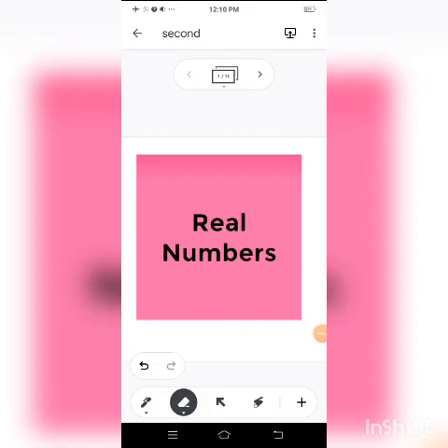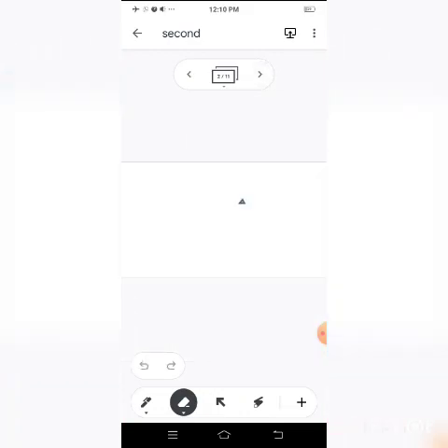Let us start studying real numbers. Before studying real numbers, we are going to define how real numbers came. We have studied numbers from our KG classes.